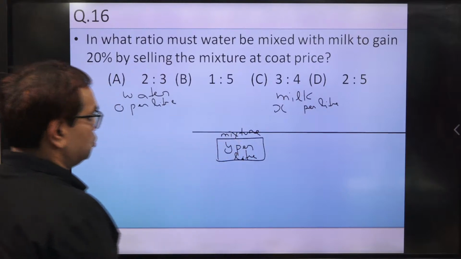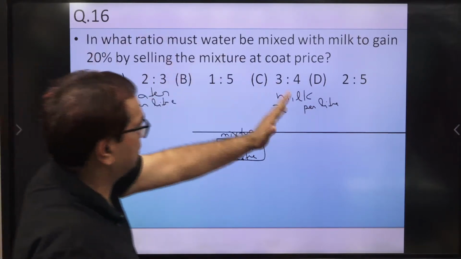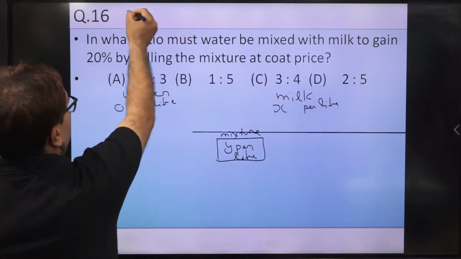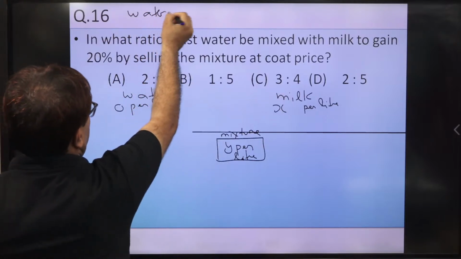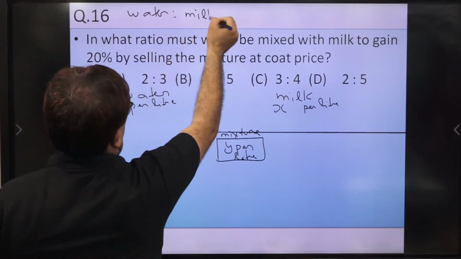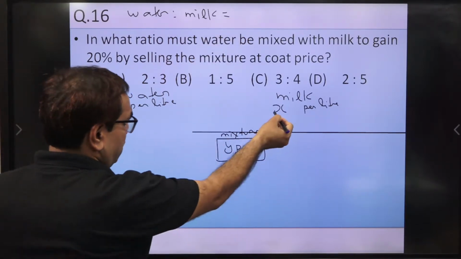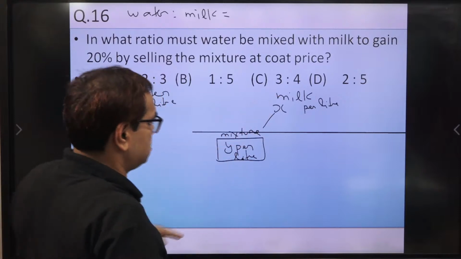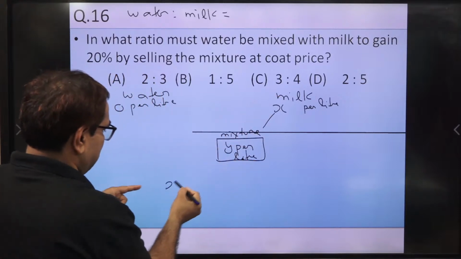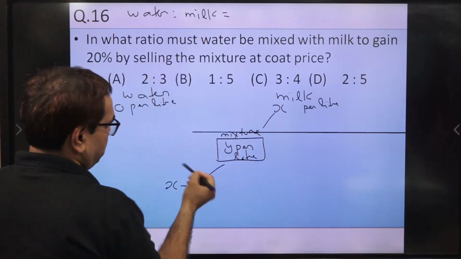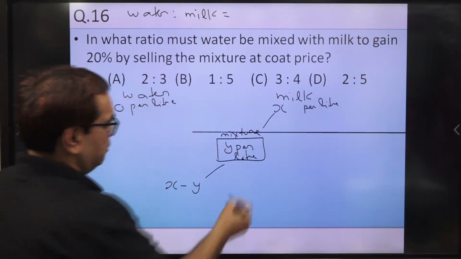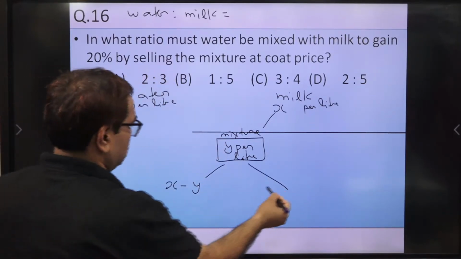To calculate the ratio of water to milk, this is what we want to compute. This is calculated by using the alligation rule, in which we take this difference. So it is x minus y, we write it here, and then we take this difference, y minus 0, so y.